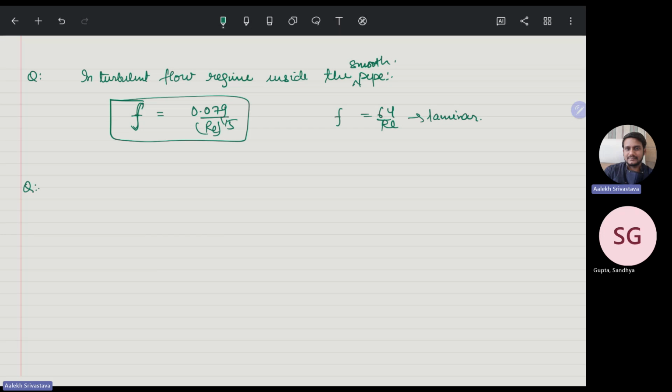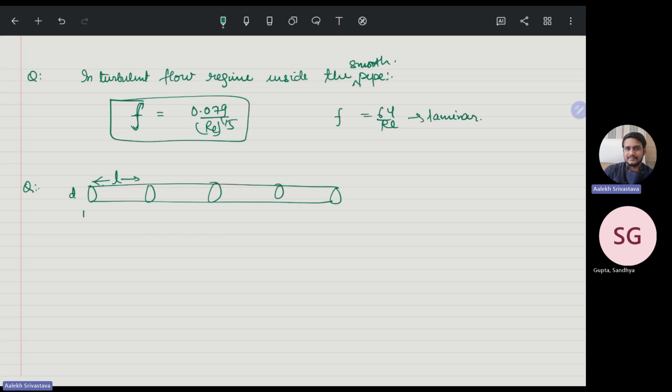Now we have another question: you have four identical pipes of diameter D and length L connected. What is the equivalent length of pipe for a double diameter single pipe?